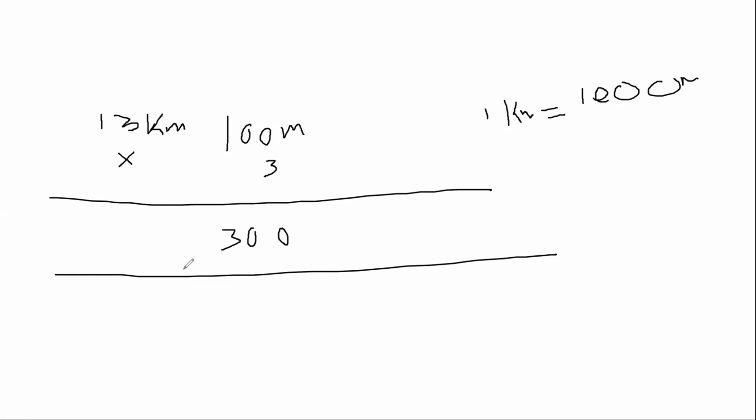Since this one has not reached 1,000 meters, we are not going to carry anything. So here we remain with that. And then 3 times 3 is 9, and 3 times 1 is 3. So we have 39 kilometers and 300 meters. So that's what you are supposed to do.